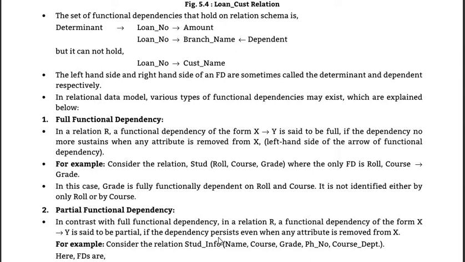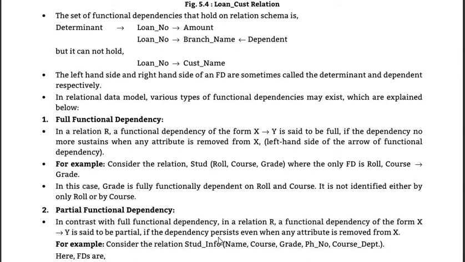For example, consider the relation student. Student is a table having various attributes like roll number, course, grade, and so on, where the only functional dependency is roll number, course determines grade. In this case, grade is fully functionally dependent on roll number and course, as it is not identified either by only roll number or only course.